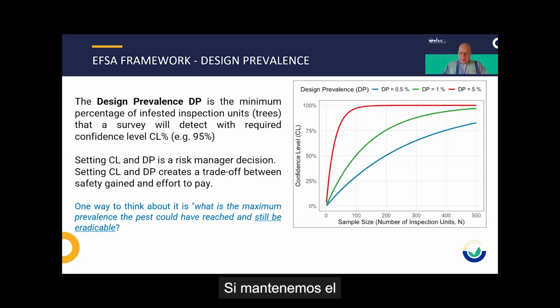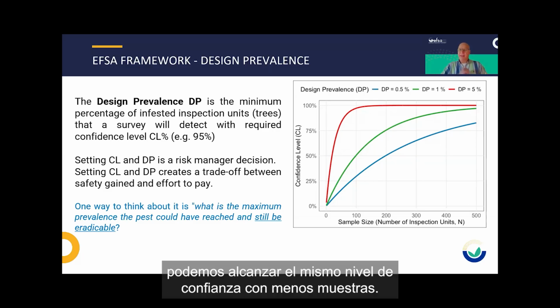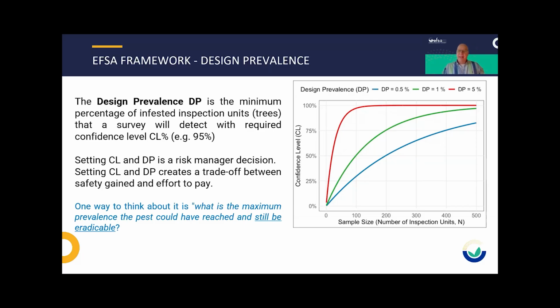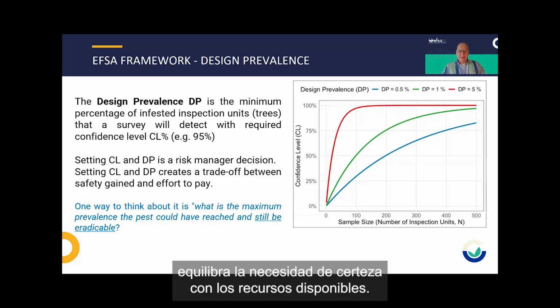And if we are keeping the design prevalence constant, let's say, for instance, 1%, to lower the effort again, we could increase the design prevalence, so we can relax the strength of our survey by saying a higher design prevalence is assumed. That means the detection potentially happens later with the same confidence, but with fewer samples. So there we really see how it is a trade-off between the two, and that's why we call it a managerial decision, because it combines the interest of safety and the interest of confidence.